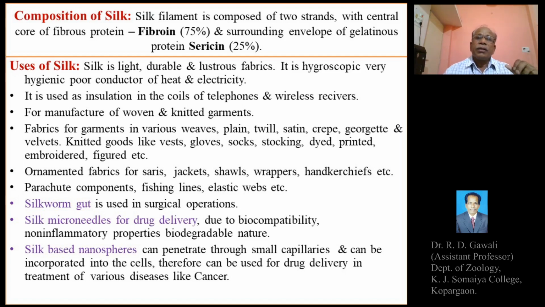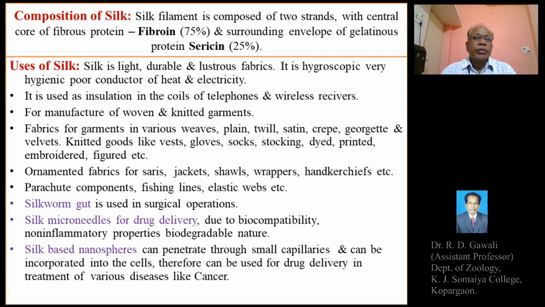The silk is used for the ornamented fabrics like saris, jackets, shawls, wrappers, handkerchiefs, etc. So these are some of the commodities prepared from these different types of fabrics manufactured in the textile industries.